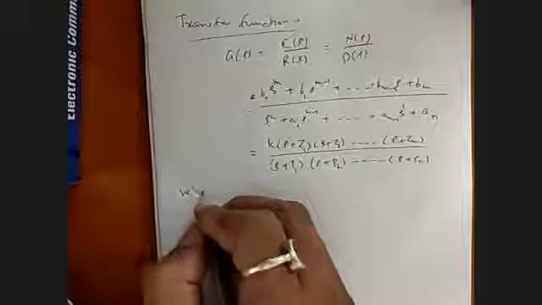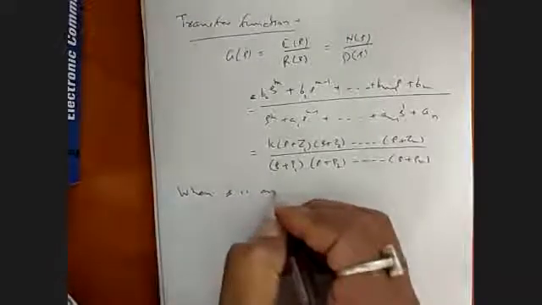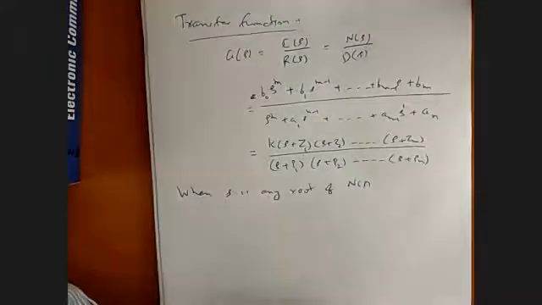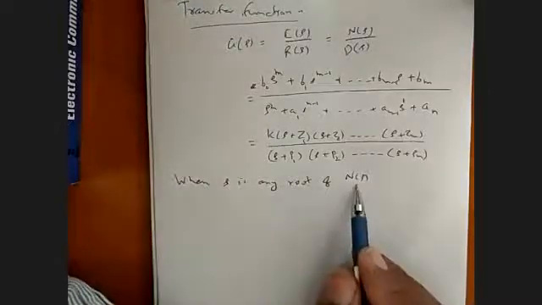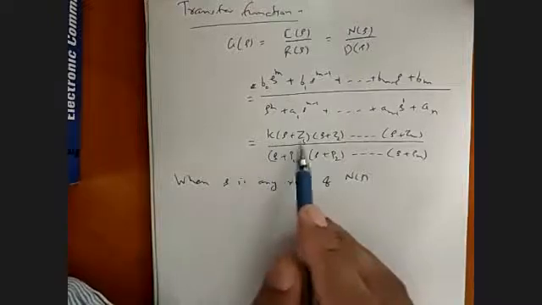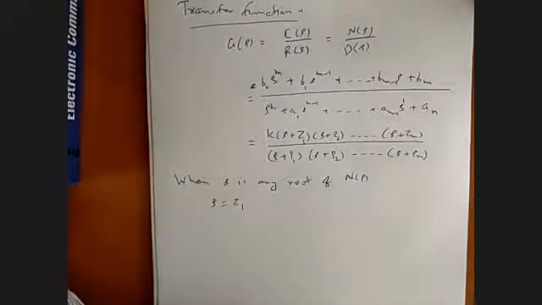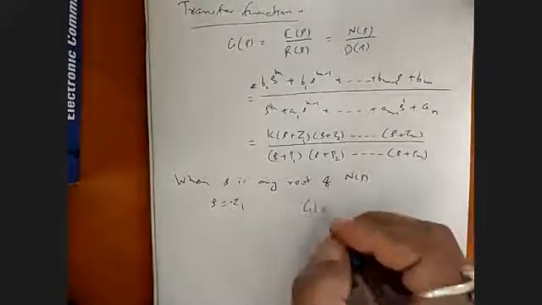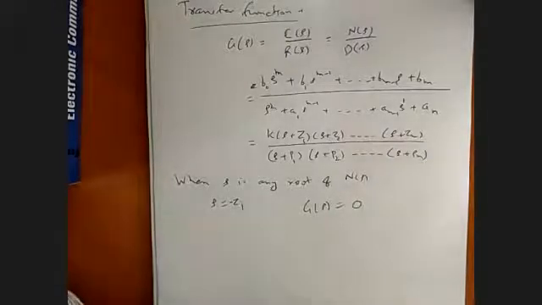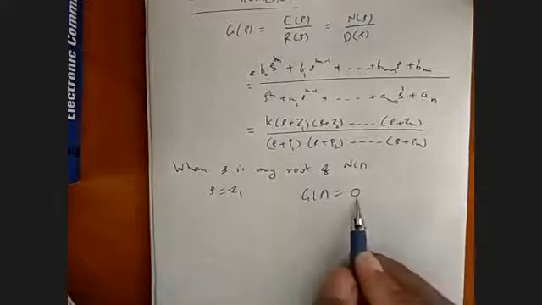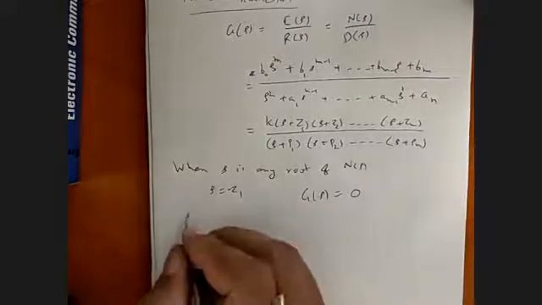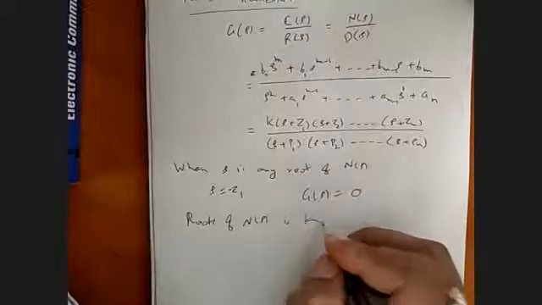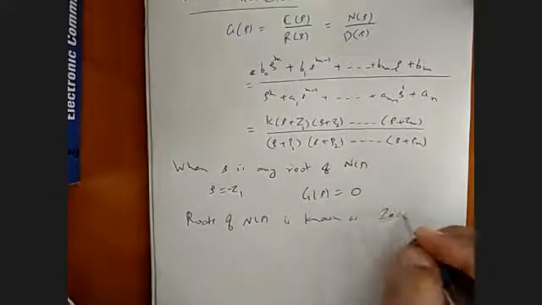So when s is any root of N(s), meaning the value of s is such that it equals the roots of N(s), so if s equal to minus z1, then what will your G(s) become? 0. So because that will become 0, that means the roots of N(s) is known as zeros of transfer function.